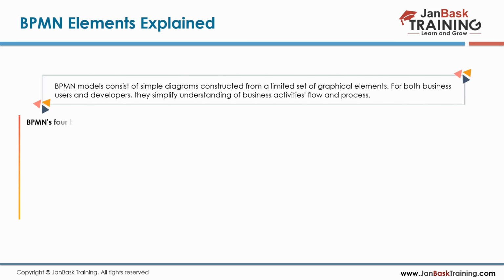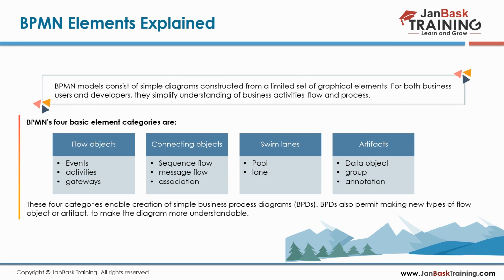Moving further, to help you with the four basic categories of BPMN, we have flow objects: events, activities, and gateways that we just talked about. Then the connecting objects: sequence flows, message flows, and associations.